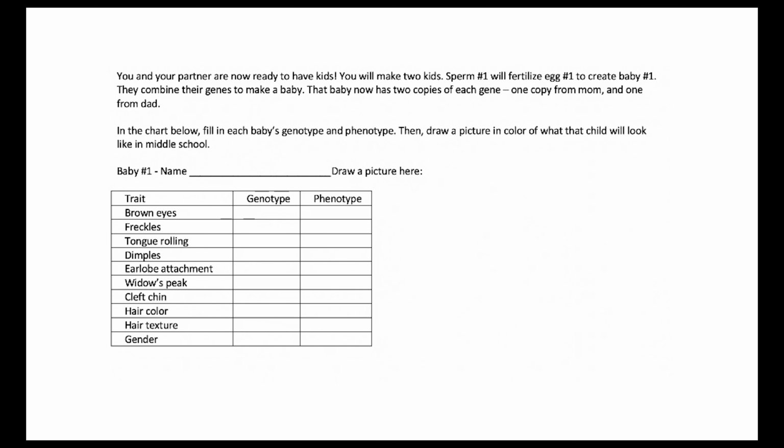So I'm going to go over to the second page and I can fill out my genotype, which is going to be big B, little b. And then you're just going to tell me the phenotype, whether this child is going to have brown eyes, which is the dominant trait, or blue eyes. Now in this case, this is heterozygous, big B, little b. So it's going to display the dominant trait, which is brown eyes.